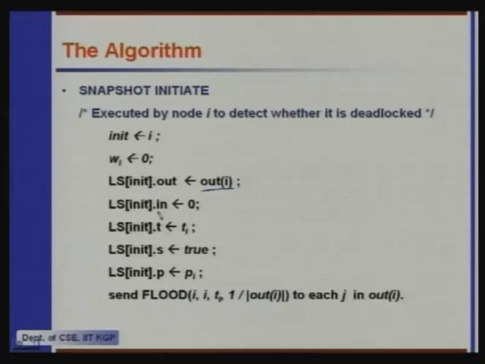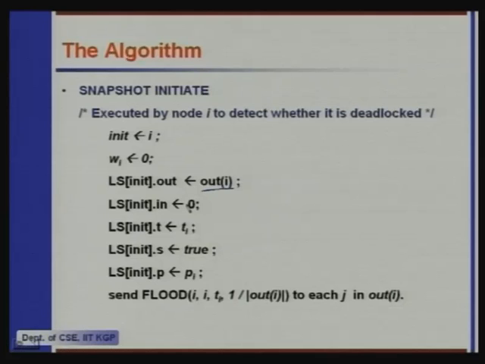What is the in at this point of time? It is 0. We set it to 0 at this point of time because we want to take a global snapshot. At this point of time, there may be some inward dependencies recorded in in i, but I will not use them, consciously. Then I set the initiation time to ti, which is the current timestamp at this node.